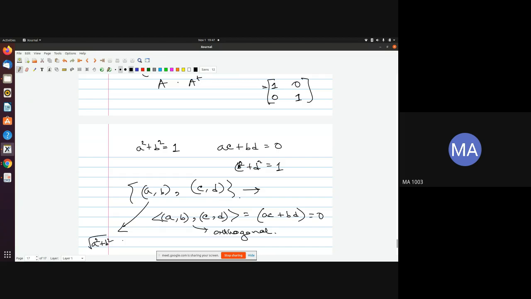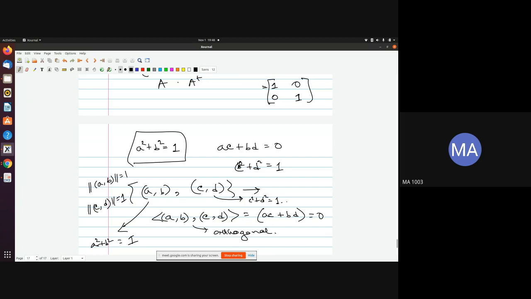This is 1, because we have a square plus b square equal to 1, so the norm is 1. Similarly for the second one, c square plus d square is 1, so its norm is 1. So they are orthogonal, plus each of these is a unit vector.